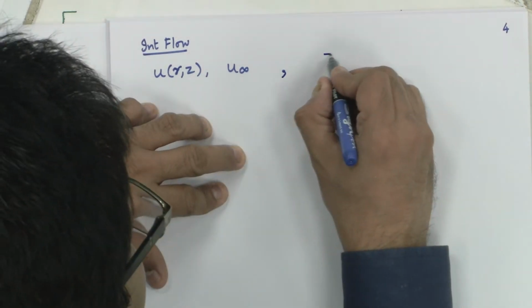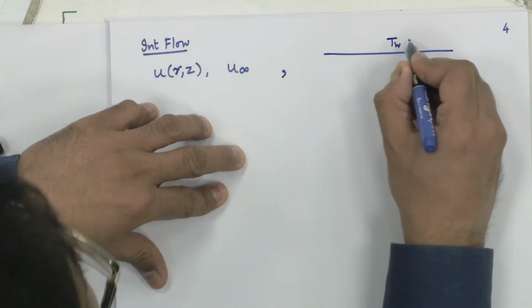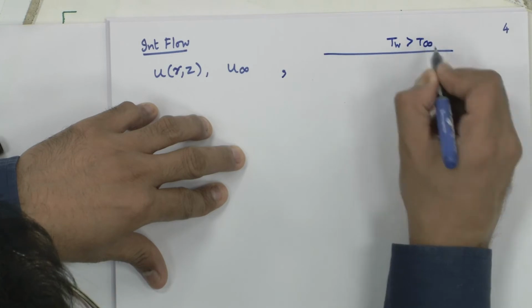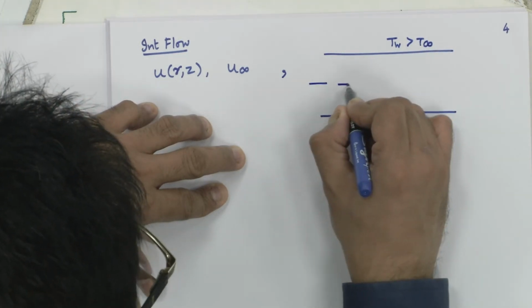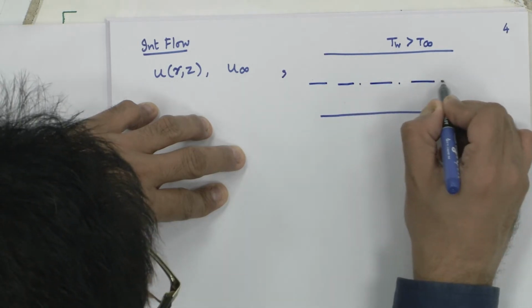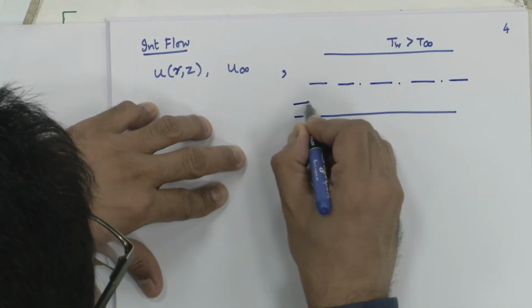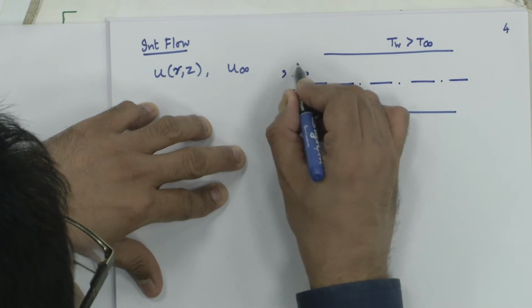If I have T wall greater than T infinity, so heat is flowing into the fluid. This is my center line. Fluid is coming in at T infinity.